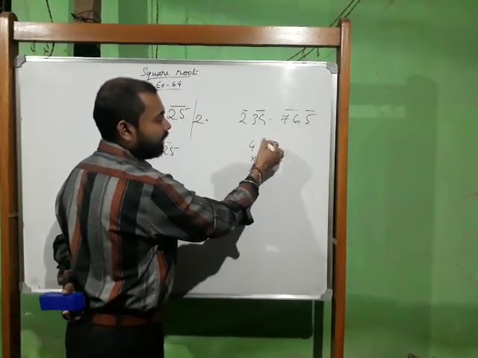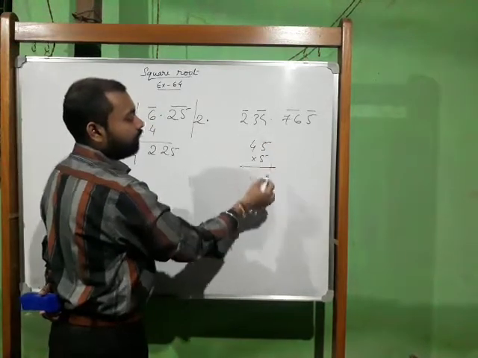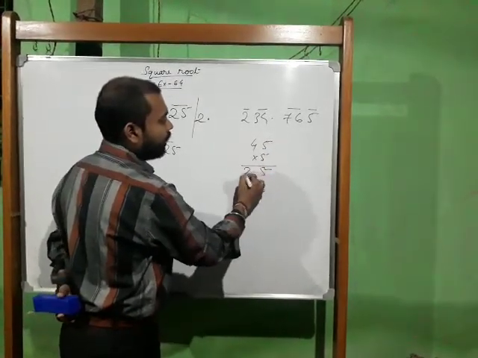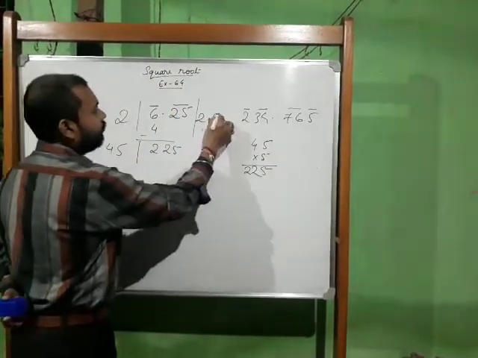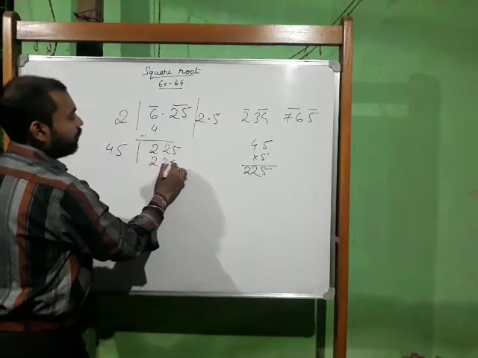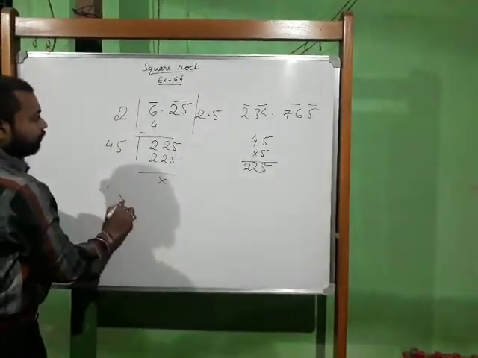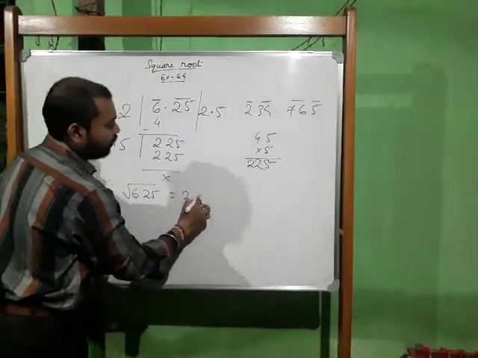Whatever number we have taken here, the same number should be multiplied. So 45 into 5. 5 5s are 25, carry 2. 5 4s are 20, it is 22. So here we will write 5 and here we will write 5. So it is 225. Therefore the square root of 6.25 is 2.5.